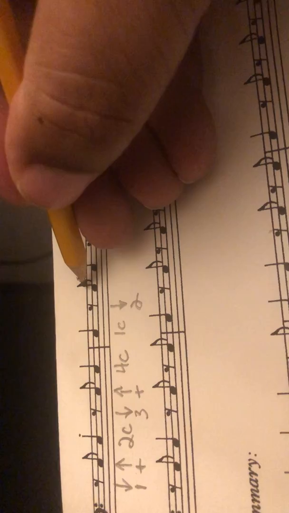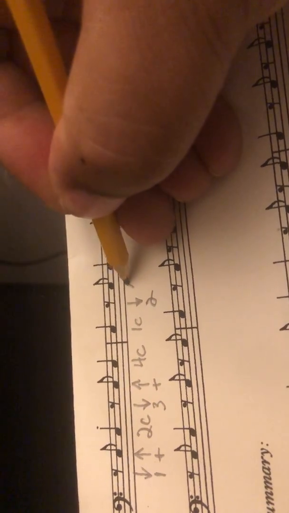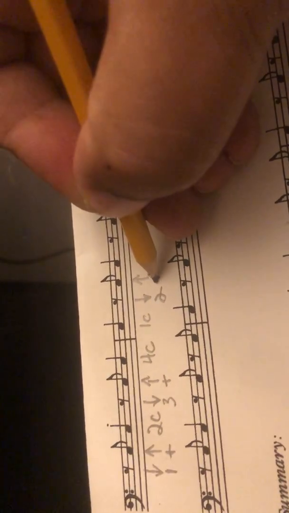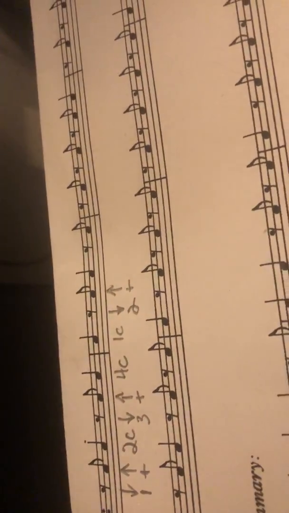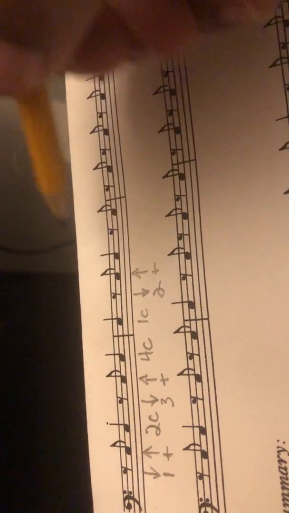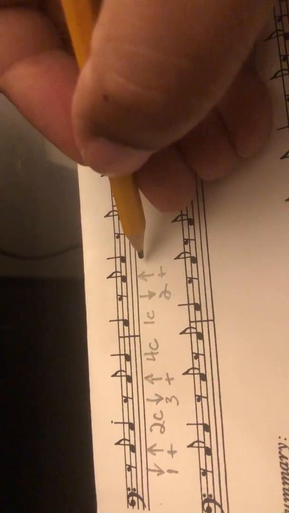And then we have an eighth note, which is another half a beat, and it fulfills the second half, the second half of the upbeat of 2. Then right after that, I have a full quarter note.